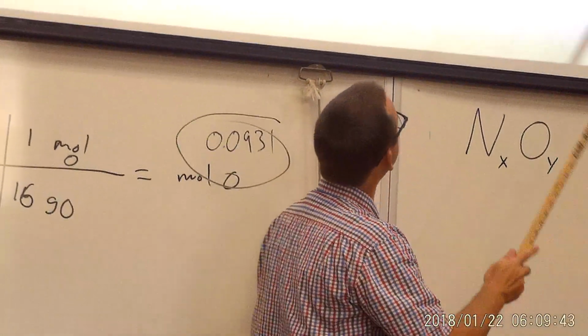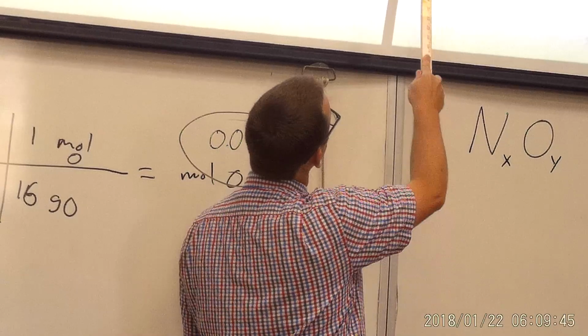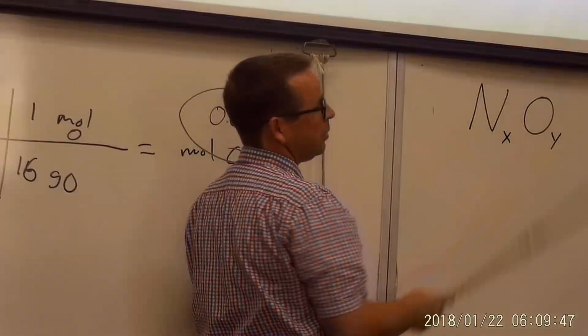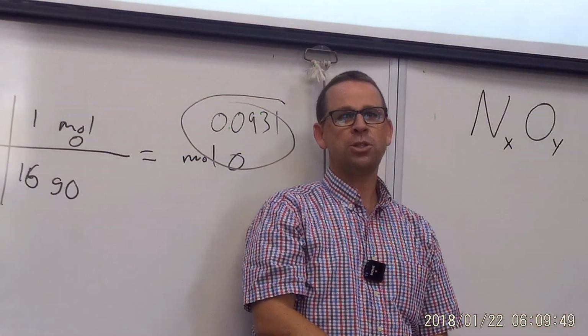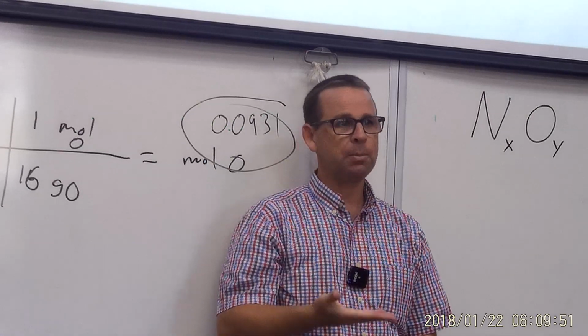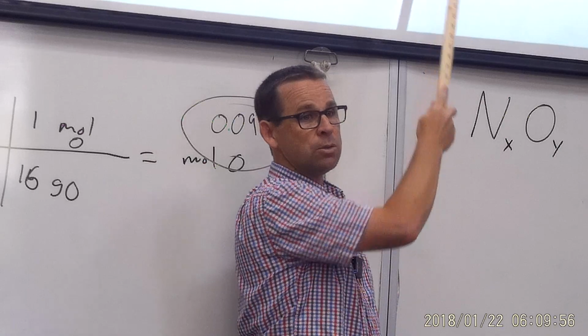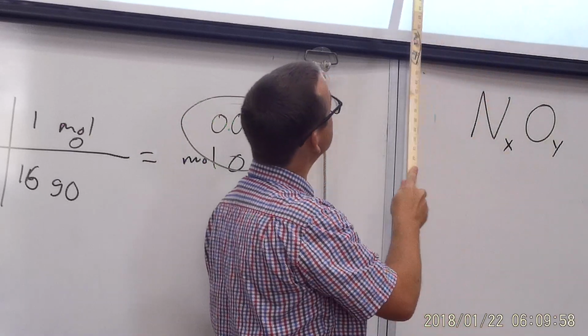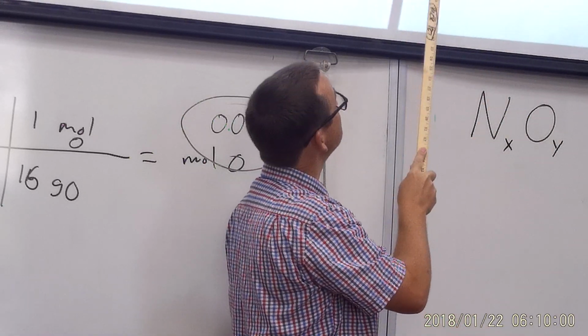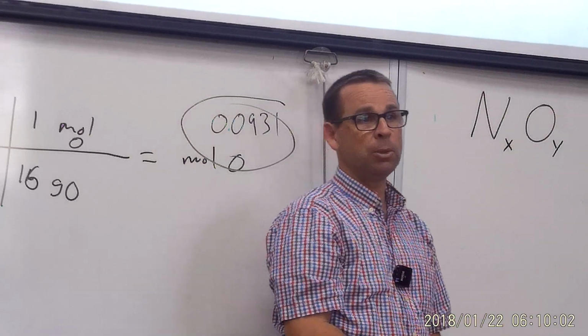Between the empirical formula and the molecular formula, there's a multiplier you can multiply by to get from the empirical to the molecular formula. What's the multiplier here in the case of glucose? 6. You have its empirical formula, multiply all the subscripts by 6, and you get the molecular formula.